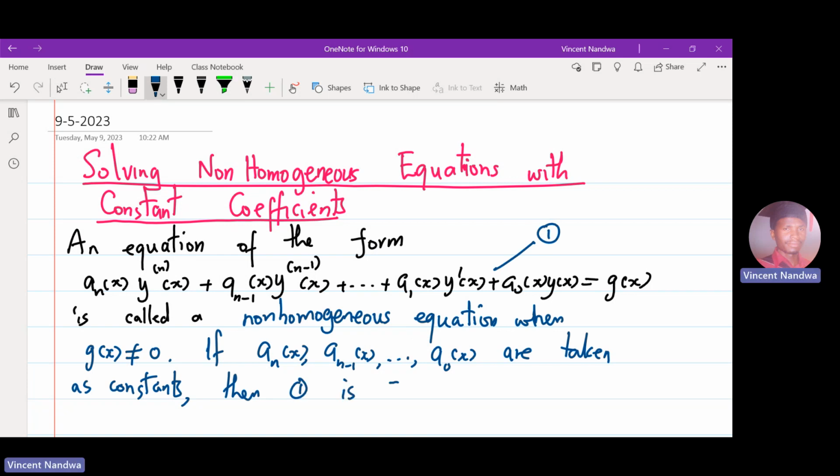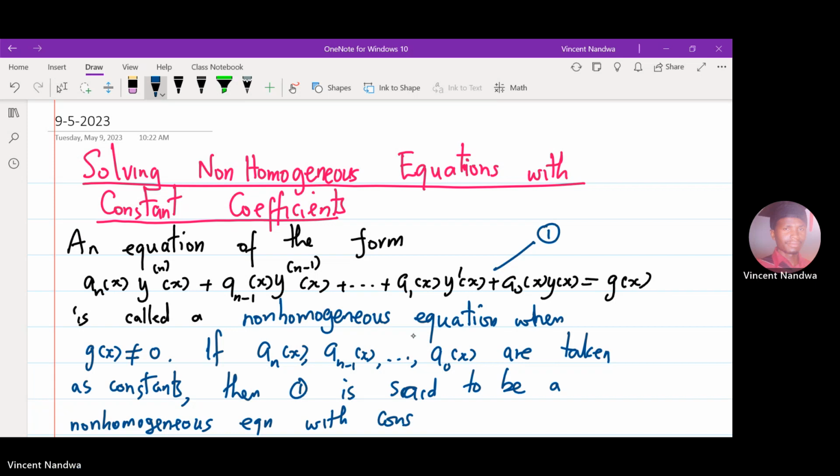One is said to be a non-homogeneous equation with constant coefficients. And note that g is non-zero.